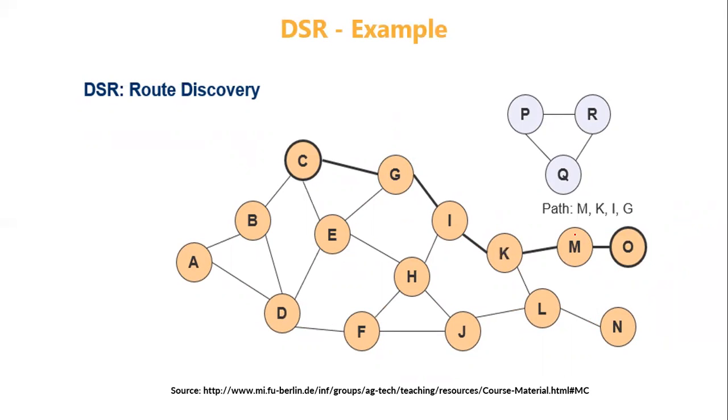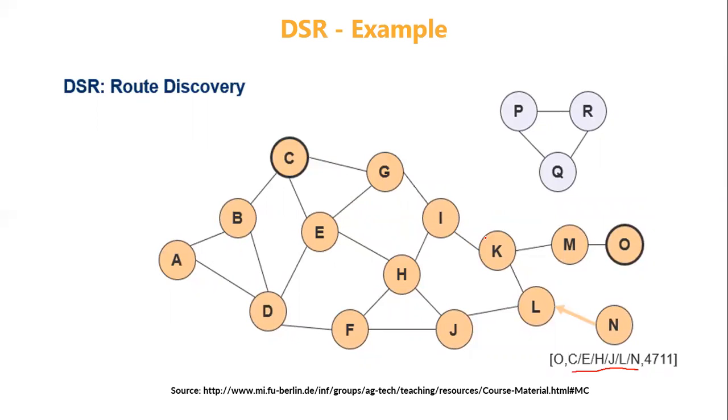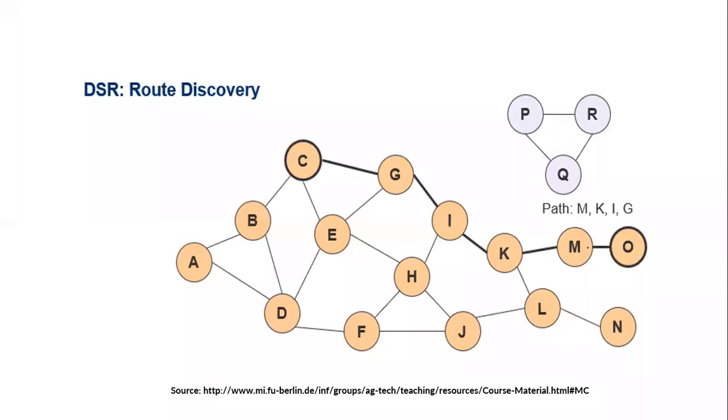The path is C, G, I, K, M, and the reverse path is M, K, I, G. This is the reverse path, assuming it is a symmetric link. Okay. So this is how the dynamic source routing algorithm works.